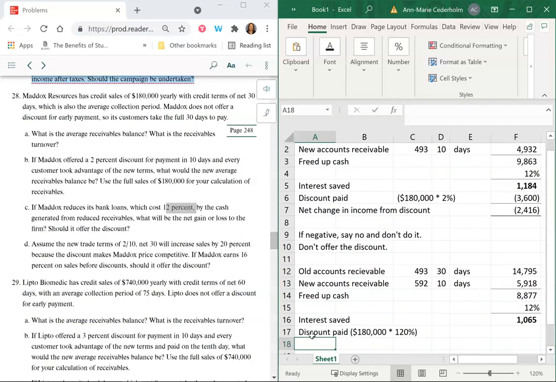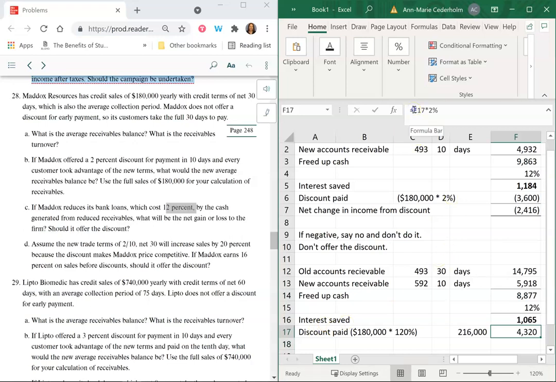So that equals 180,000 times 120%, my 216,000 in new sales. And I'm going to pay 2% on that, so 216,000 times 2% ends up being 4,320.